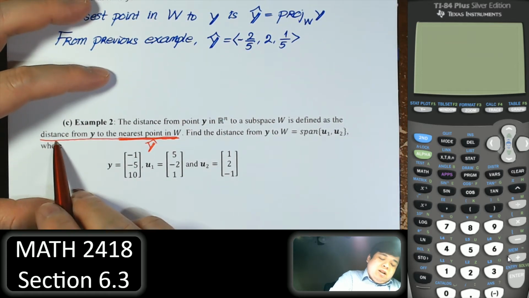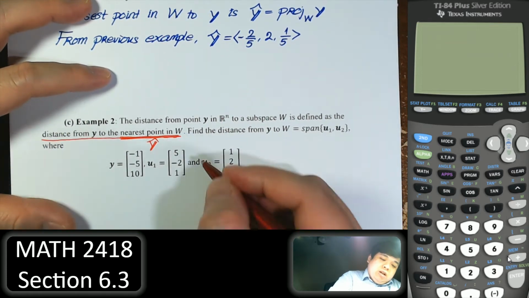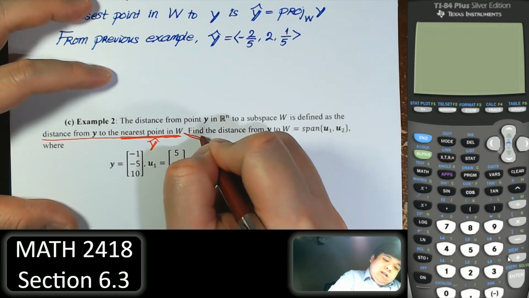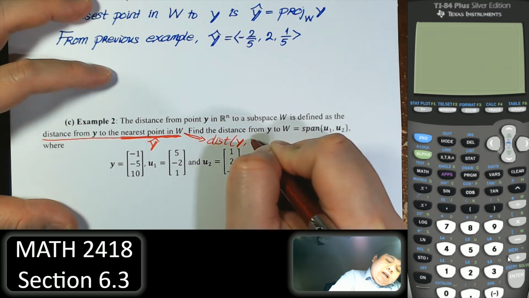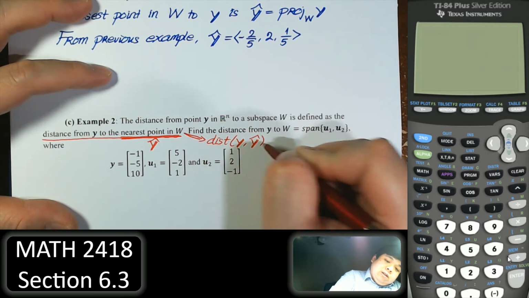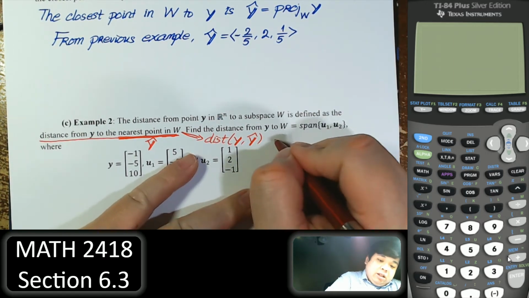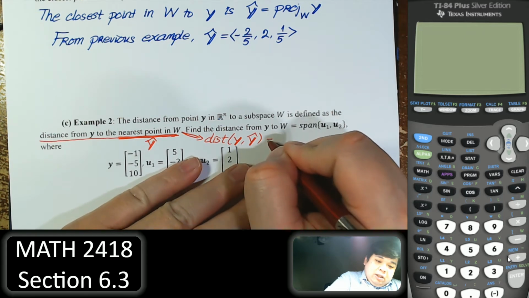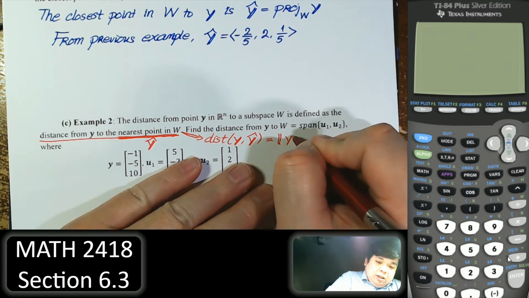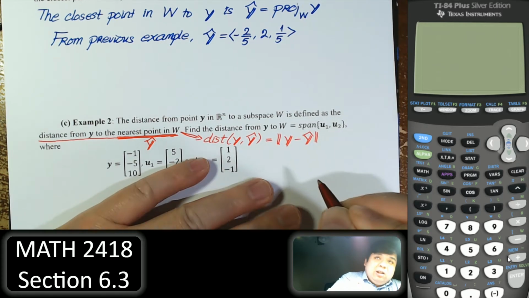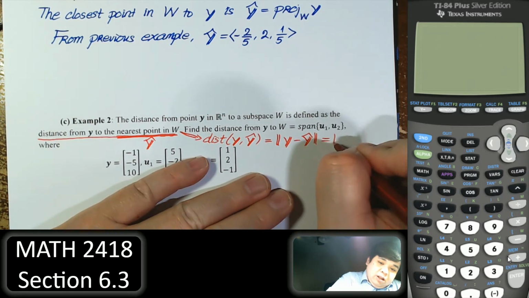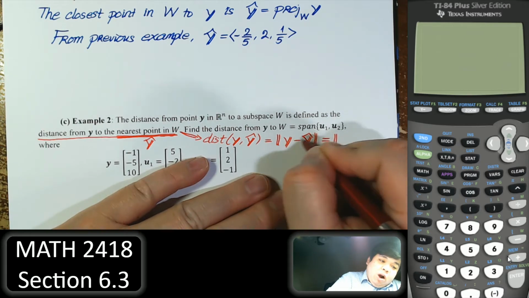So we say distance from y to the nearest point in W. That means we're going to find the distance between y and y hat, which is the same thing as the norm of y minus y hat, which is pretty much the length of y minus y hat.